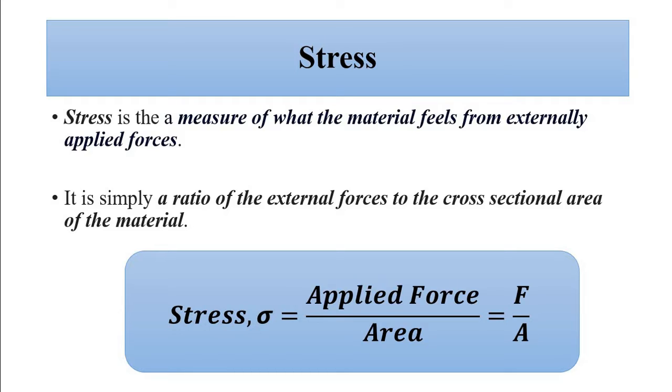In simple terms, it is a ratio of the force applied to the cross sectional area of the material. Simple. Pressure or stress, that is applied force by area. This is simply stress, and it has the same units as pressure, Newton per meter square, and there are other units as well.